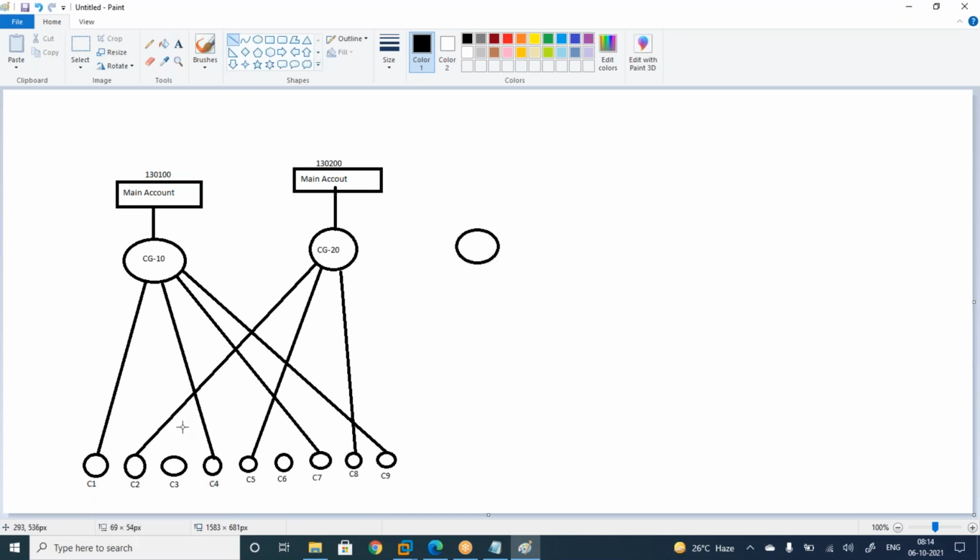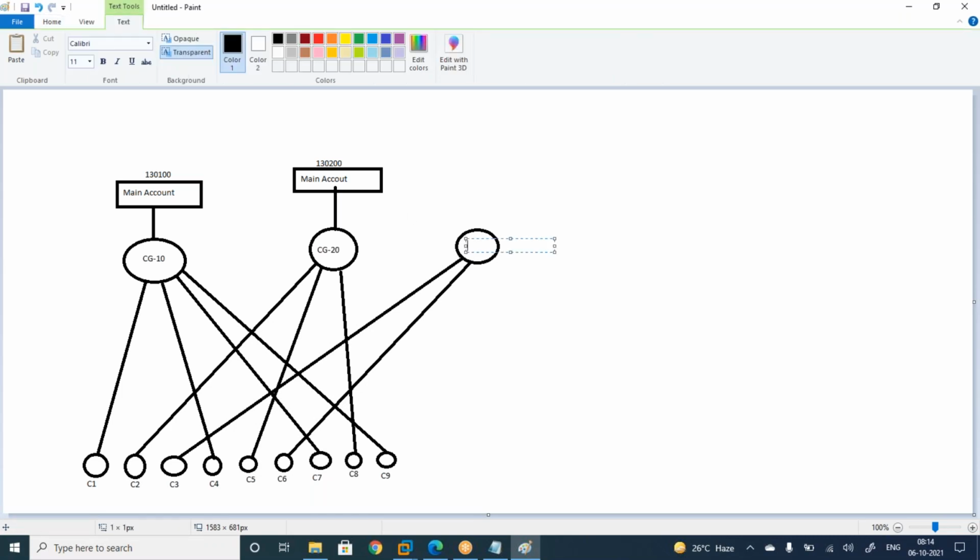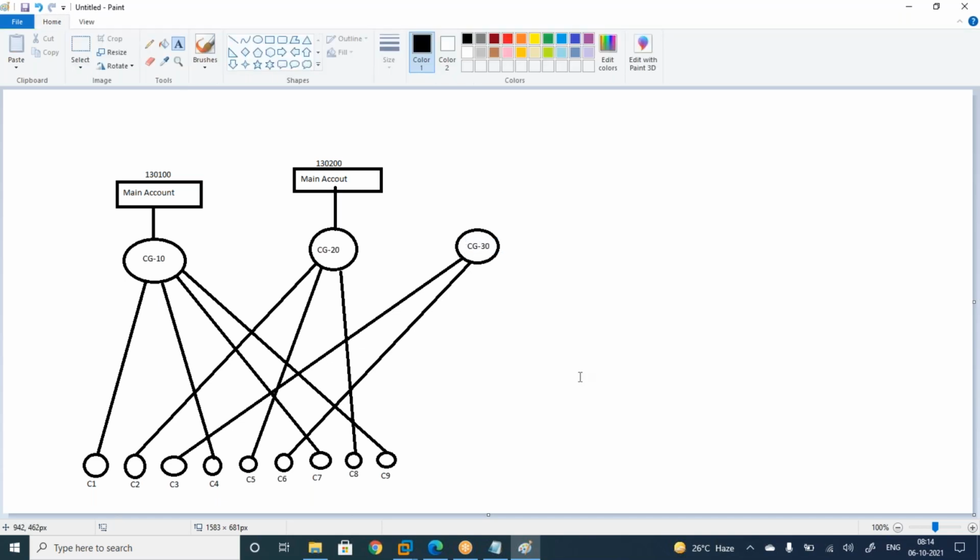This is another customer. For this, there is no specific ledger account. Customer group 30. Then we'll map one more account, for all.